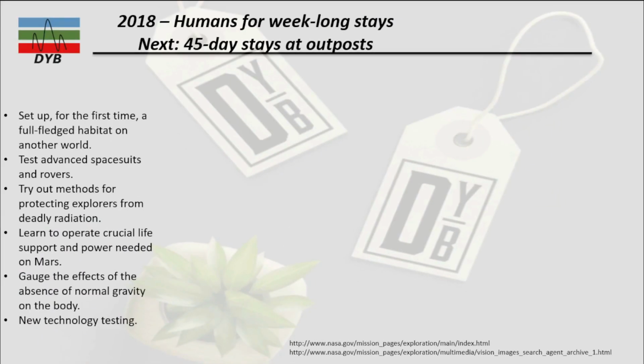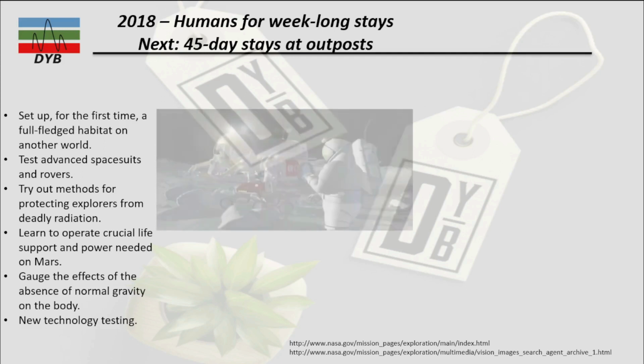And there was also a recent Apollo mission in 2018, in which they stayed for a week on the surface of the moon, and their next plan is to stay 45 days at an outpost.